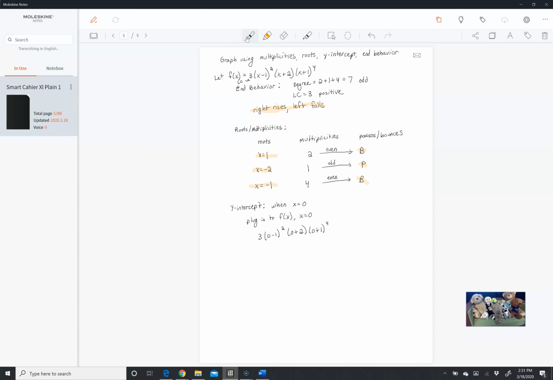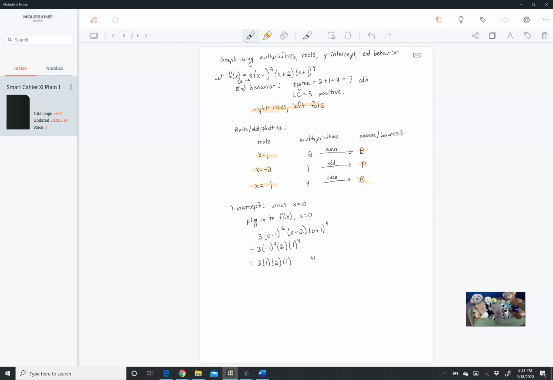You're multiplying. This becomes 3. 0 minus 1 is negative 1 squared. 0 plus 2 is positive 2. And 0 plus 1 is 1 to the 4th. This is an order of operations problem. Negative 1 squared is 1. So you're doing 3 times 1 times 2, and then 1 to the 4th is 1.